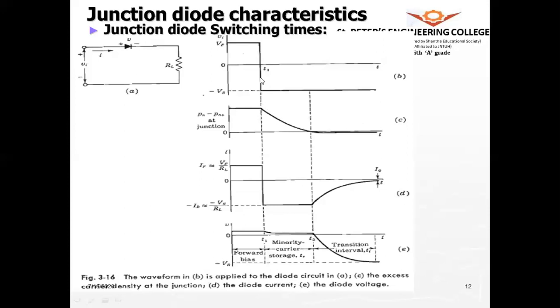So the diode acts as a closed switch in the forward bias, and as an open switch in the reverse bias. Immediately there should not be current flow when it goes into the reverse bias. But the charges don't become zero immediately, so they still continue to flow, but then they die down. The excess charges are taking time to cross back the junction. So this is the charge density.